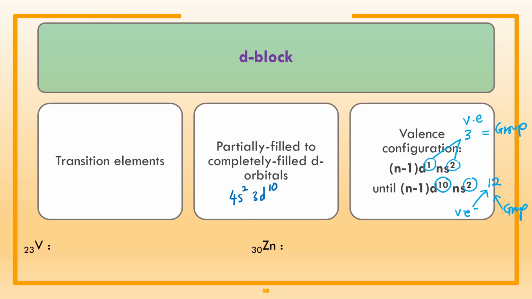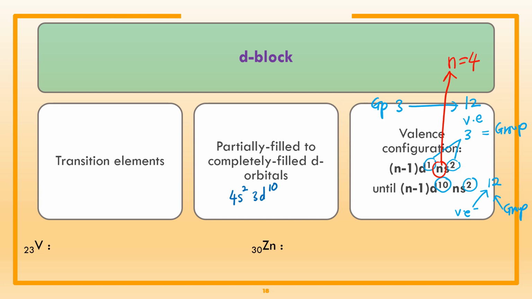So this is consistent with what we have in the periodic table, in the region of the transition metals, the groups are from group 3 until group 12. And why is it (n-1)d and ns for the valence configuration? For the valence configuration, let's say this n is the 4th principal quantum number, n = 4.